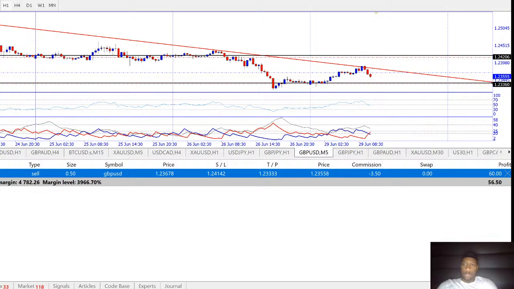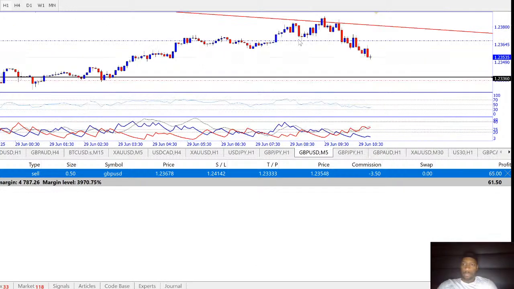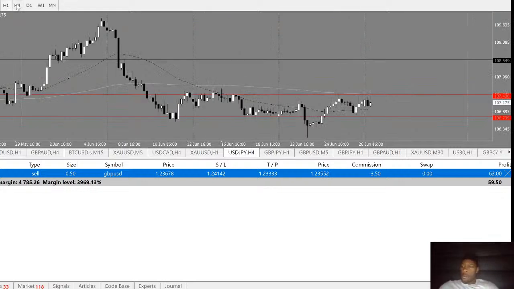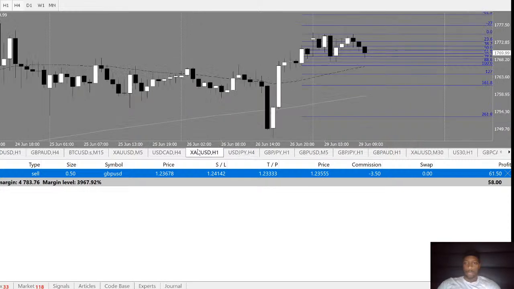Oh man, I'm gonna get USD JPY. I don't trade this pair like that no more, but I used to. It's an hour chart. It's not really appealing to me. Let's go back to gold. See what gold is talking about.